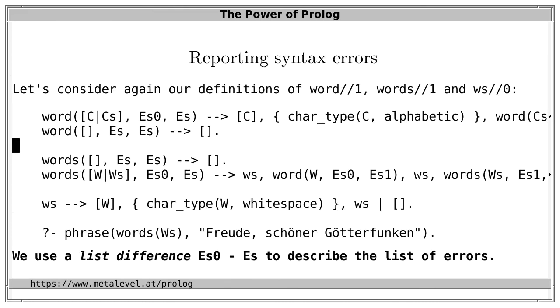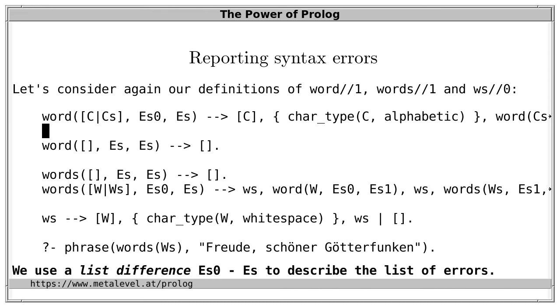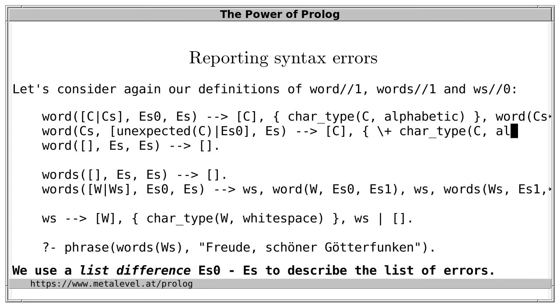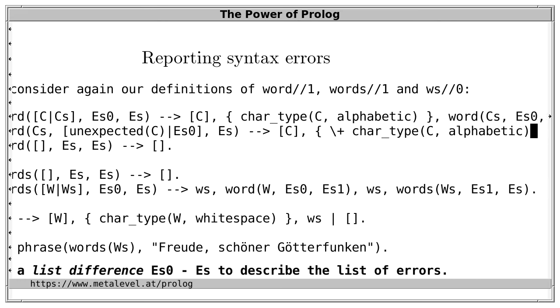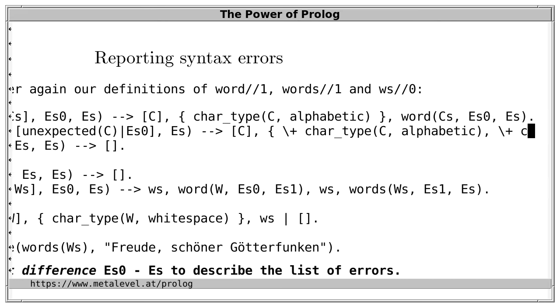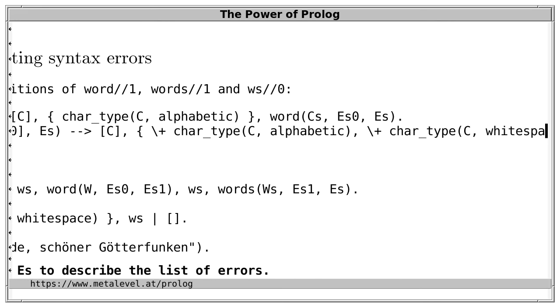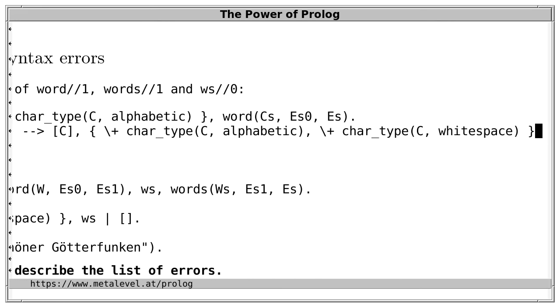And now, let's describe a case of a syntax error. For example, let's describe a word consisting of characters Cs, even if we encounter an unexpected character C and possibly also other syntax errors in a sequence that starts with C, where C is not an alphabetic character, because then it would be part of the word, and also not a whitespace character, because then it would delimit the word.